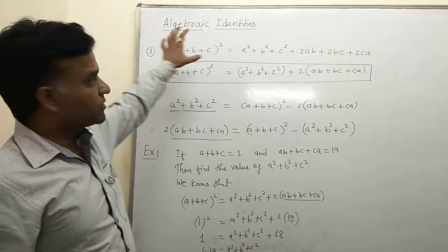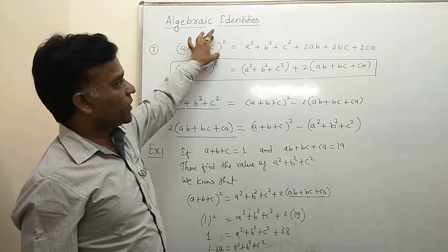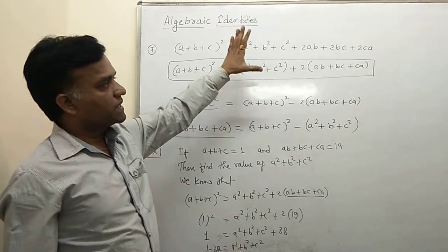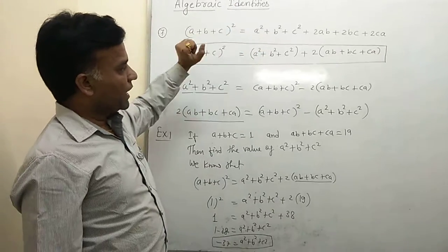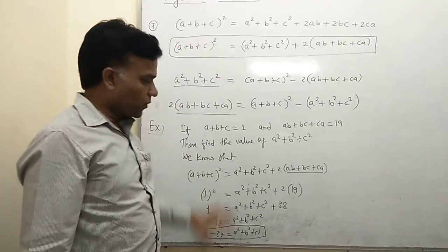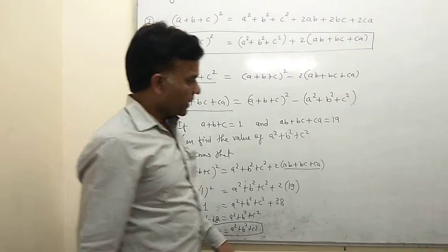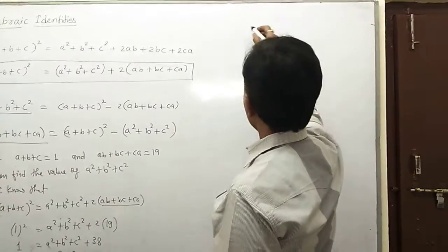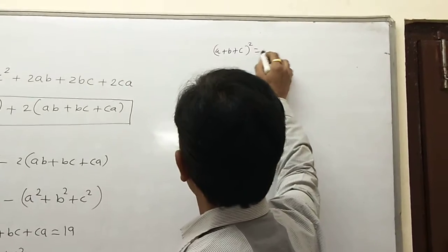But the main concept is what you can learn: (A plus B plus C) whole square is A square plus B square plus C square plus 2AB plus 2BC plus 2CA. Okay, so now you use only one concept and then you proceed in this way. Now suppose you don't know the identity of (A plus B plus C) whole square, you also can form the identity.